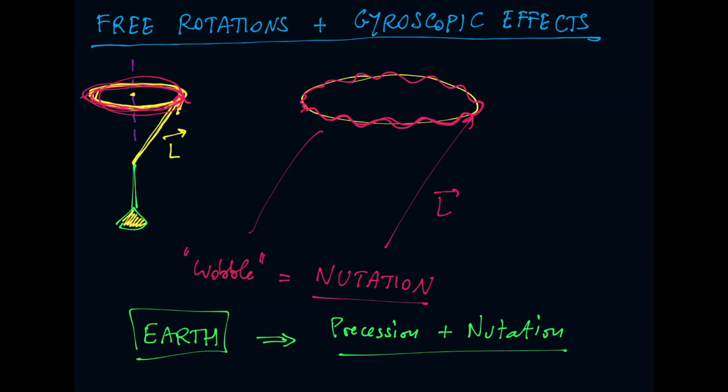Why, you may ask? Didn't I just say that gravity from the sun and from the moon is directed along the lever arm, so it wouldn't apply any torque?